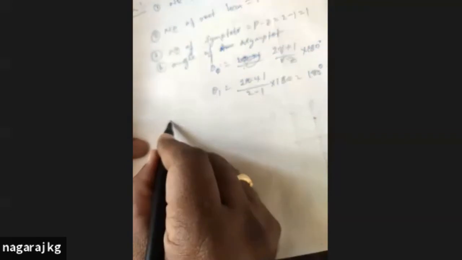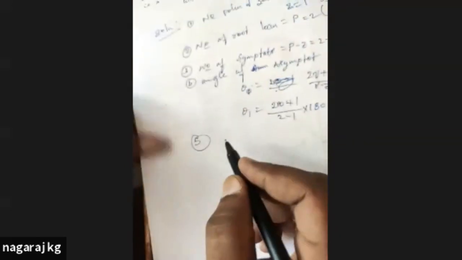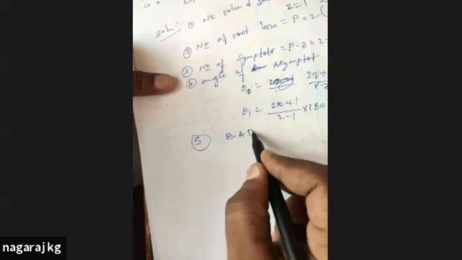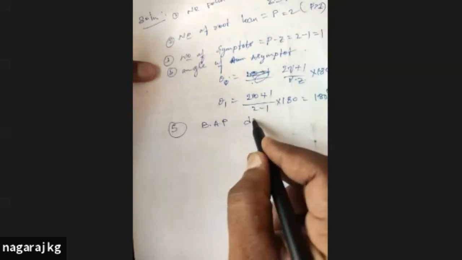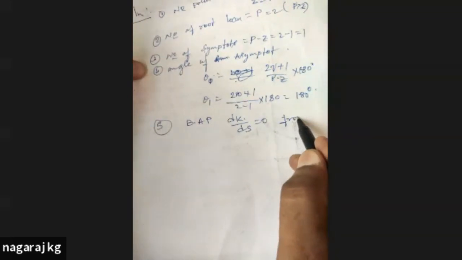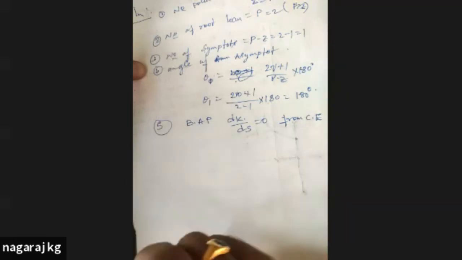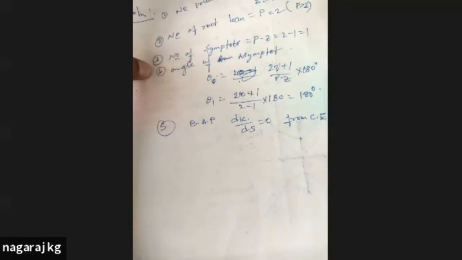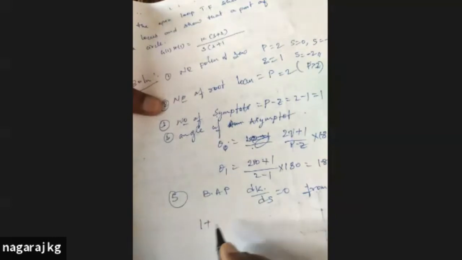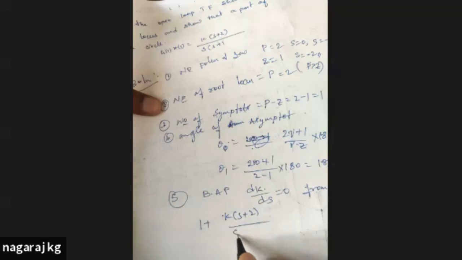Next, breakaway point. You have to get dk divided by ds is equal to 0 from the characteristic equation. Get the characteristic equation, that is 1 plus k into (s plus 2) divided by s into (s plus 1) is equal to 0.